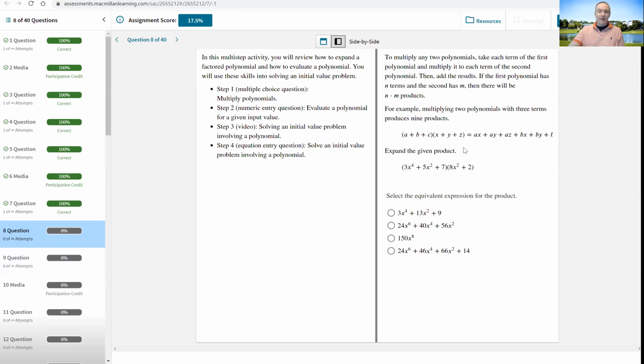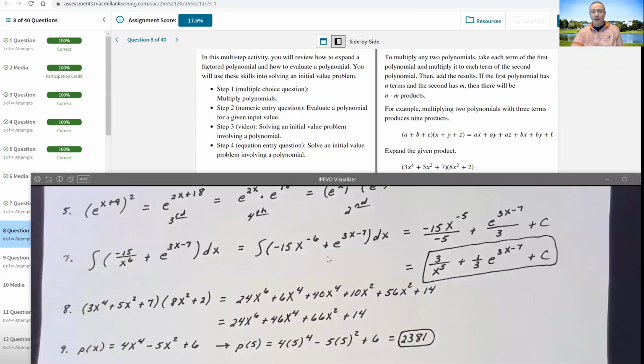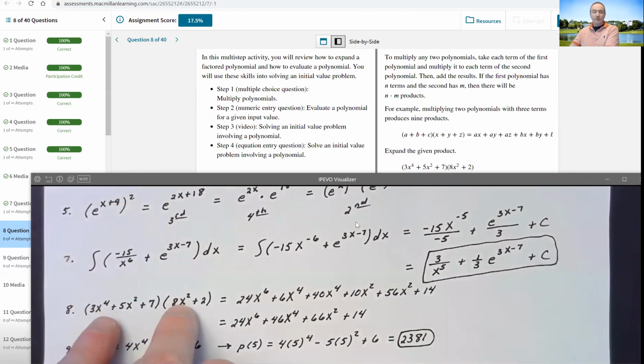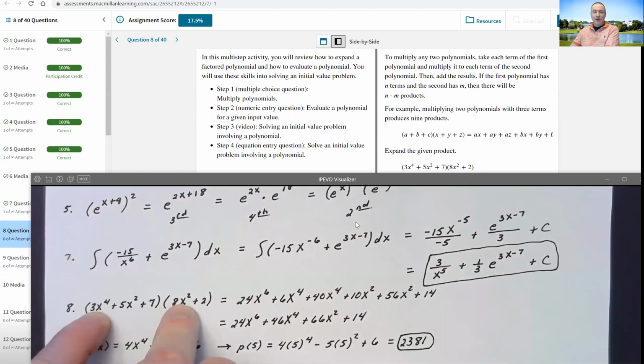So this is just going back to a very basic problem where you're multiplying a trinomial times a binomial, and all you have to do is make sure that you distribute every term in the first group into every term in the second group. So I took the 3x to the fourth times both of these terms, and I got 24x to the sixth plus 6x to the fourth.